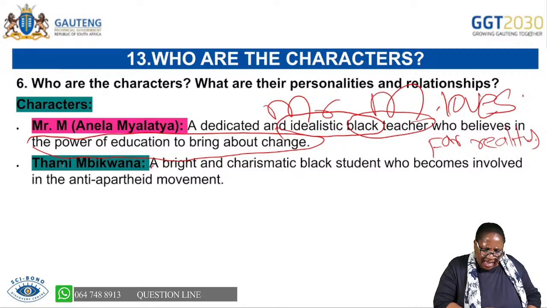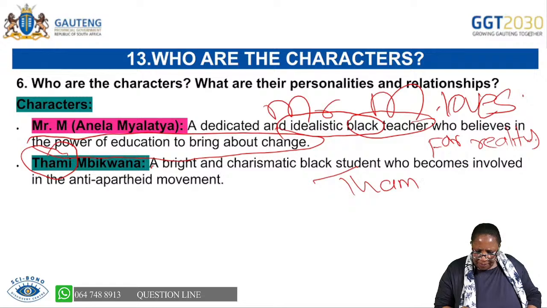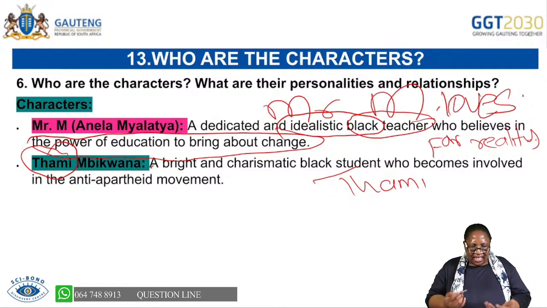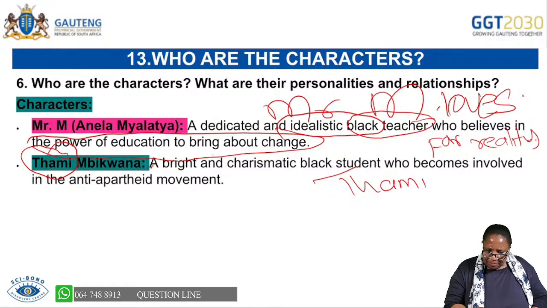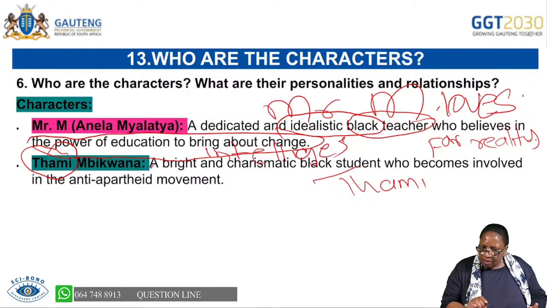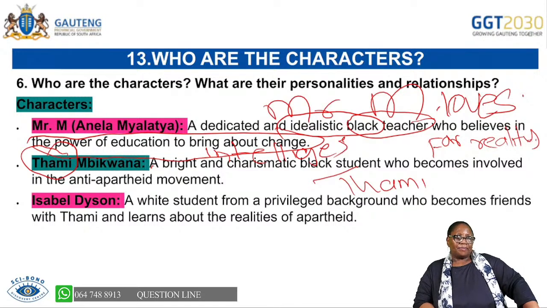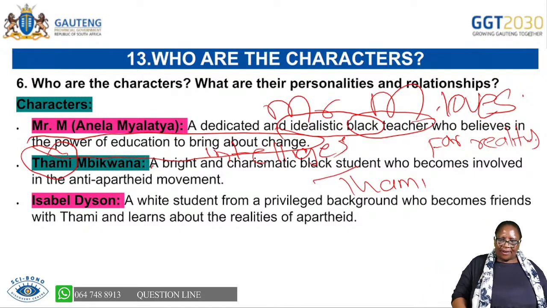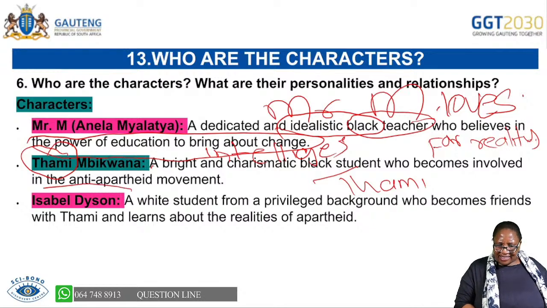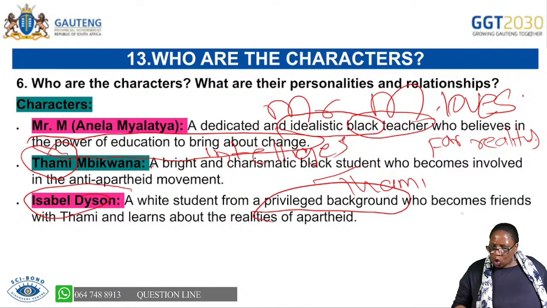We have a student by the name of Tami. Tami is charismatic, he is a bright person, is intelligent, and he becomes involved in the anti-apartheid movement. The third main character in the story is Isabel Dyson, who is a white student from a privileged background who becomes friends with Tami.